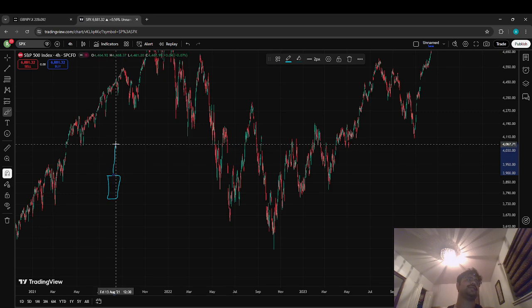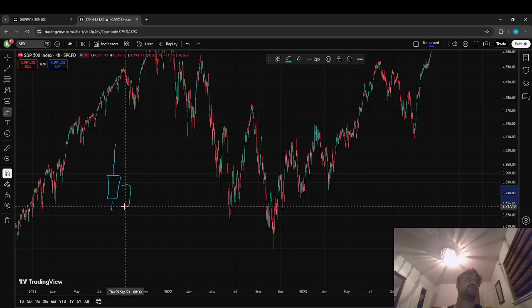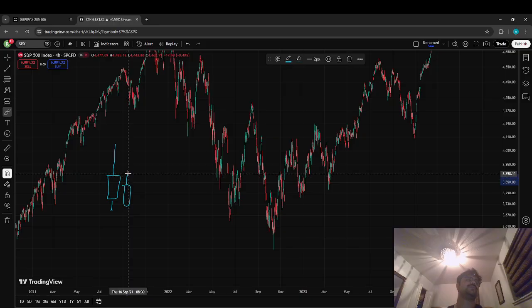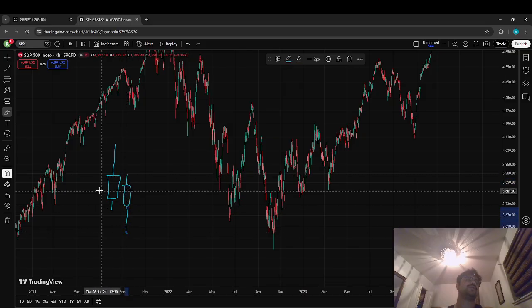That means that it didn't close there, right? But price did go up to this point at one point. And then you have a low here. And then you can see the candlestick after that is starting to form on a low trend, right? That means there's another wick here, but now all of a sudden we're going lower, right?